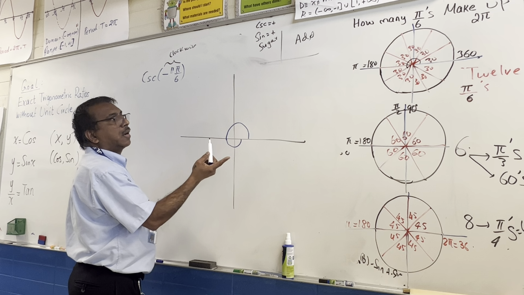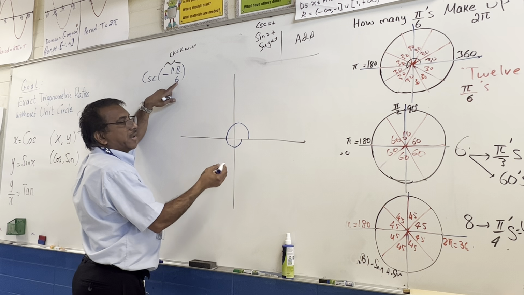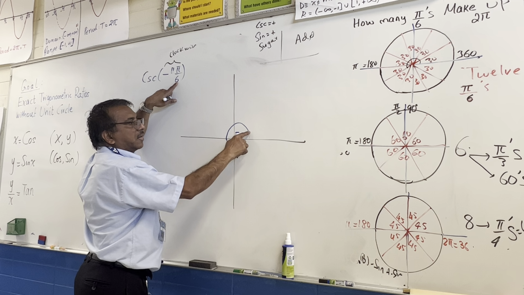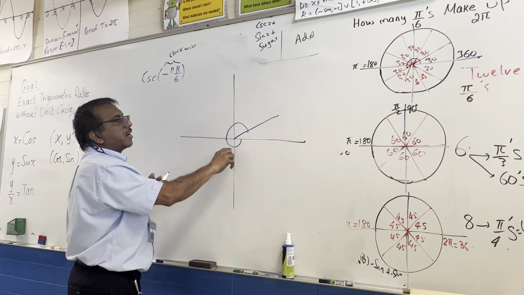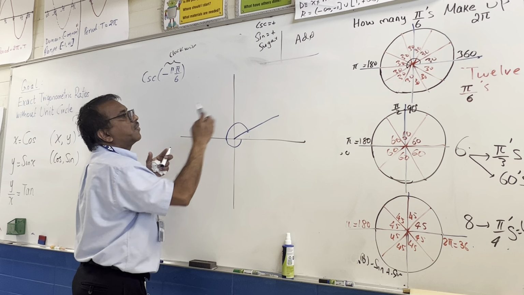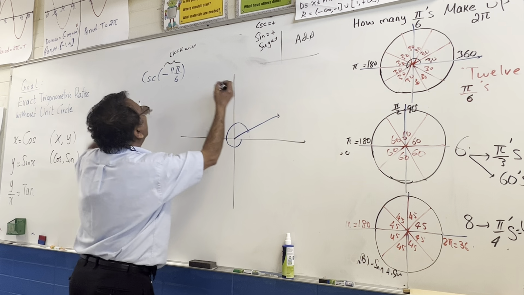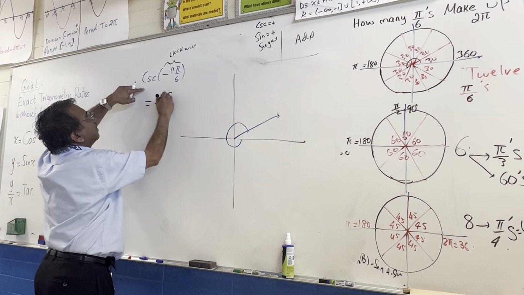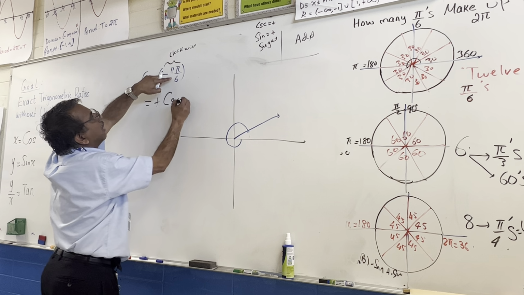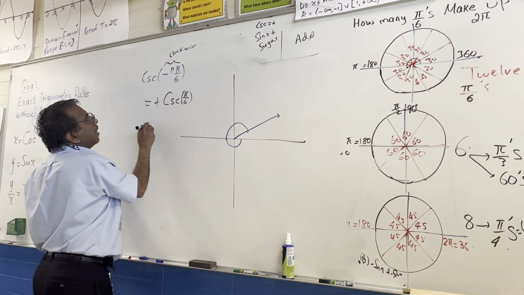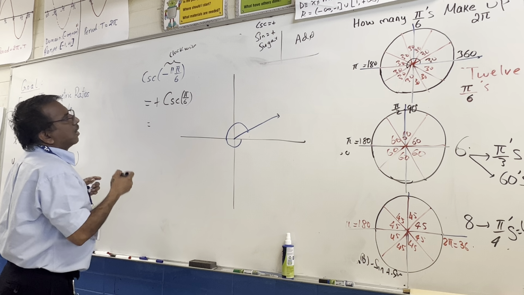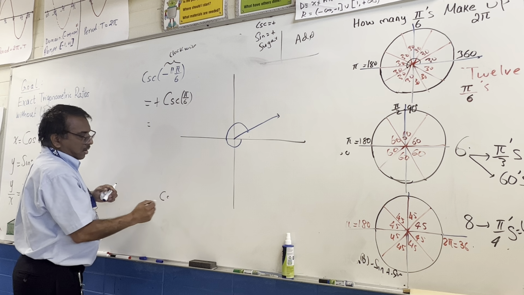The 12 thirties give all around, so it will be one less. So that's the angle, this one. Which quadrant are you in? The first quadrant. In the first quadrant, everything is positive. So the answer will be positive cosecant of, drop the 11 and just write pi by 6. And now, by definition, we need to know what cosecant is.